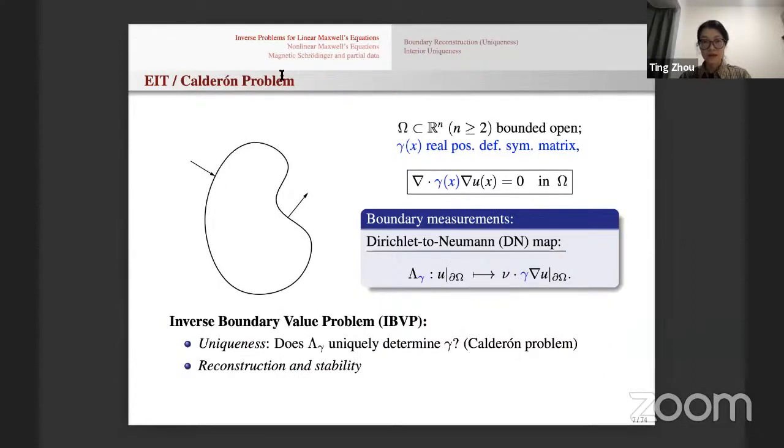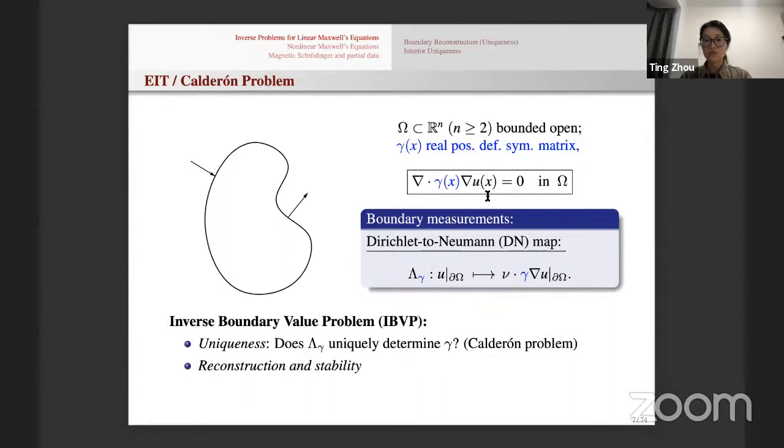So again, for the Calderon problem, we look at this elliptic equation, but for electromagnetism, we look at Maxwell's equations. Usually people consider the electrostatic case, corresponding to the zero frequency limit.